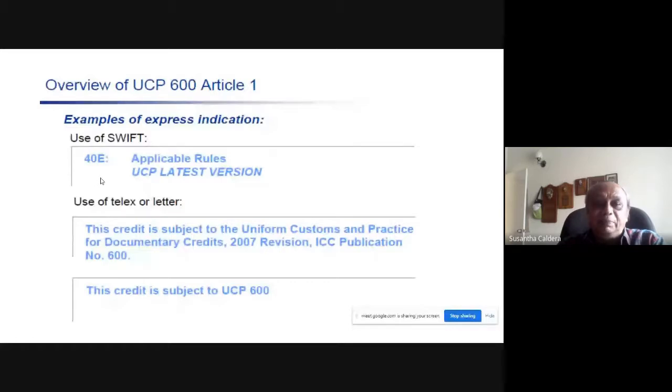40E is applicable rules. There you don't have to type everything. You just say UCP latest version, perfectly all right. If you are sending the SWIFT today, and if you mention UCP latest version, then what is the UCP version we are going to use?